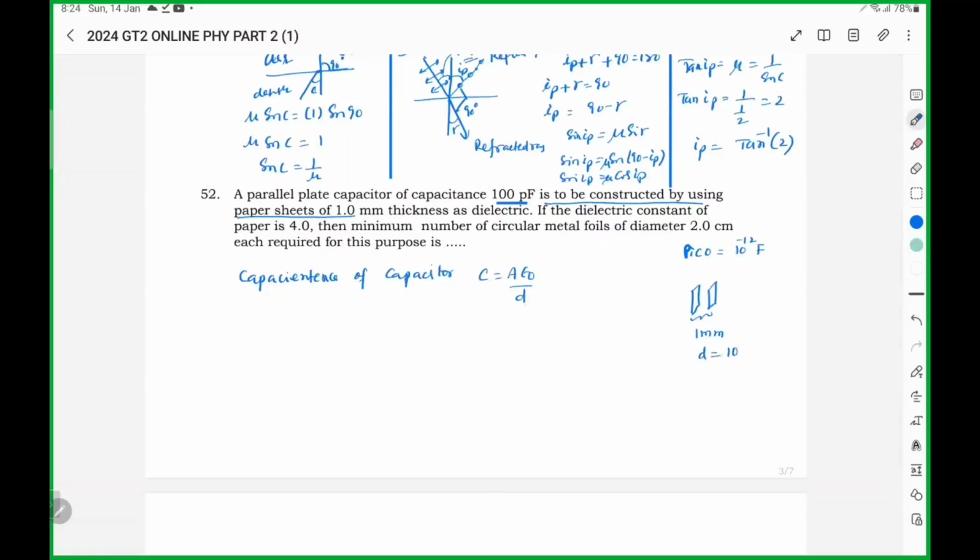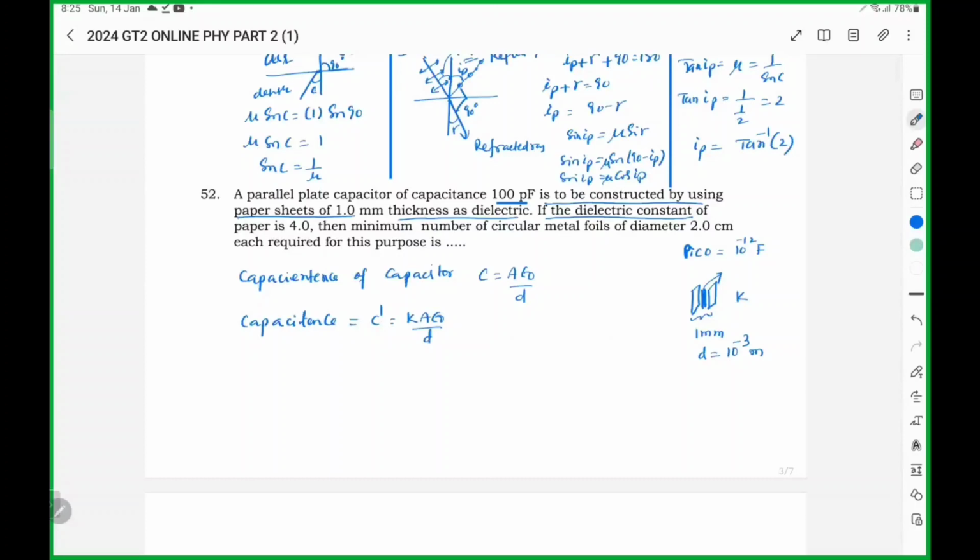The D is 10 power minus 3 meters. If the dielectric constant is K, once the dielectric is placed here, then the capacitance increases, that is C dash equals K A epsilon naught by D.